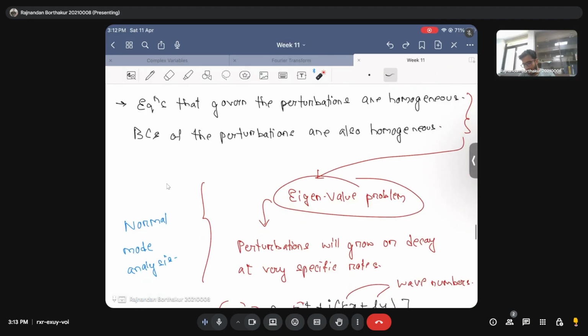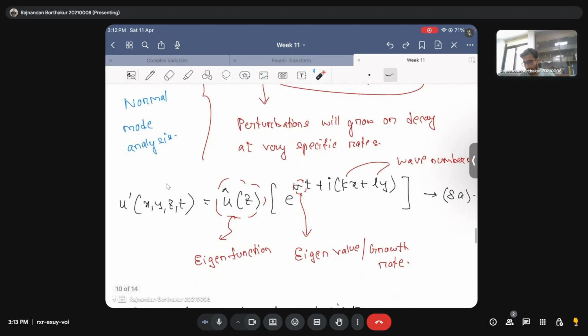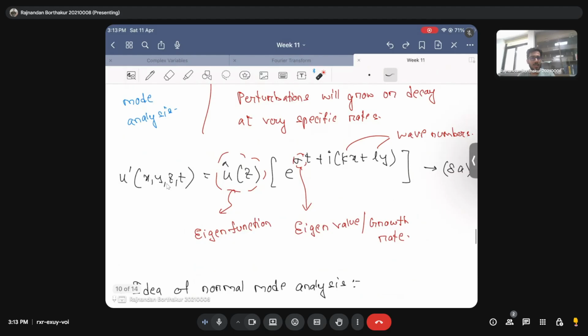All right. Thereafter, we looked into a very important aspect of this stability analysis, which is known as normal mode analysis. The normal mode analysis says that I can write my perturbations as a function, which we call the eigenfunction, times an exponential of this quantity.